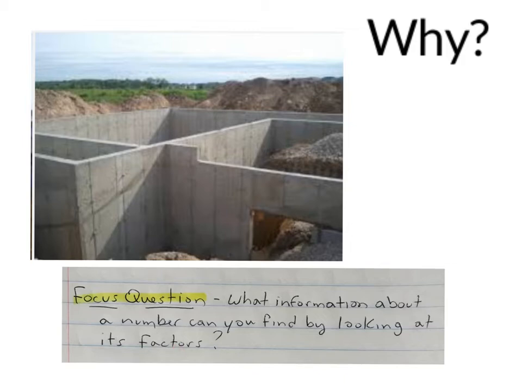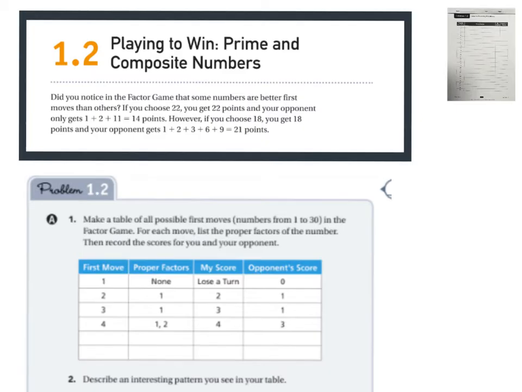If you know the factors of a number, you can further divide numbers into categories, in this case being a prime number or a composite number. So we're continually building our math foundation. That's the why.